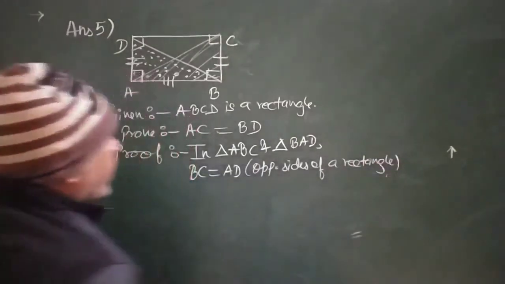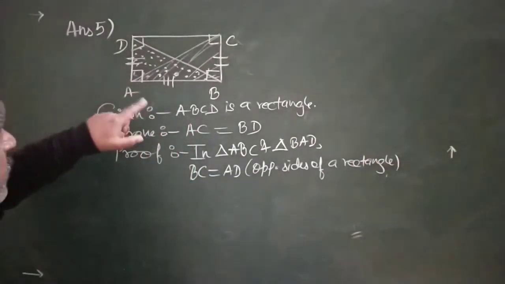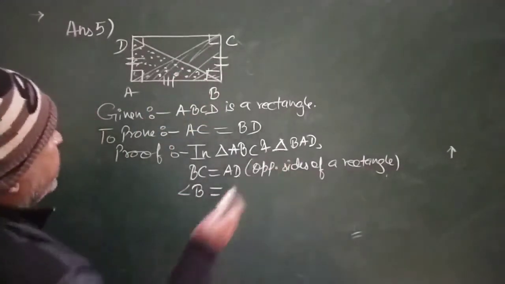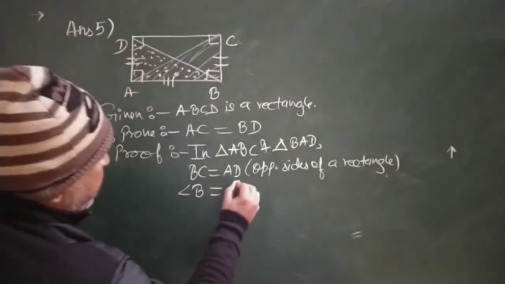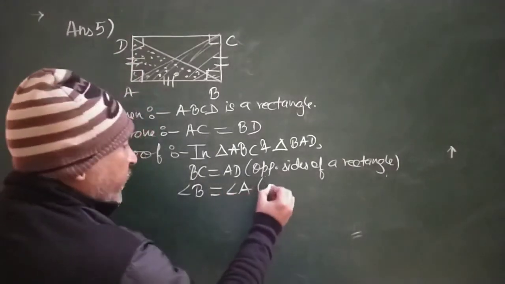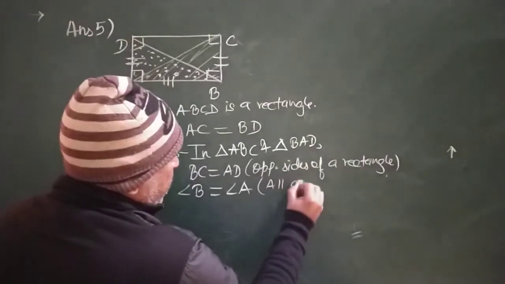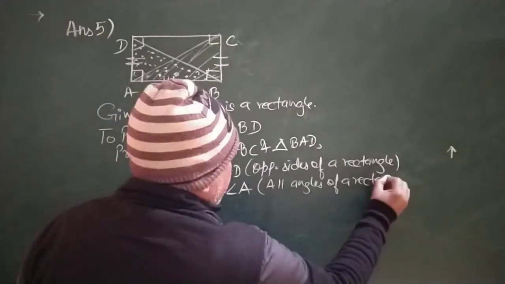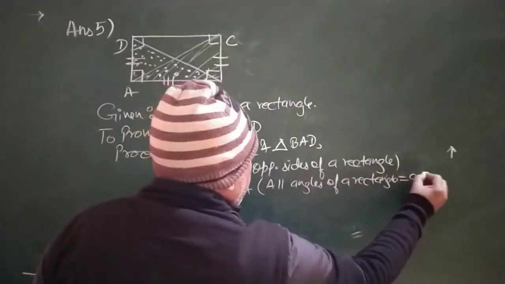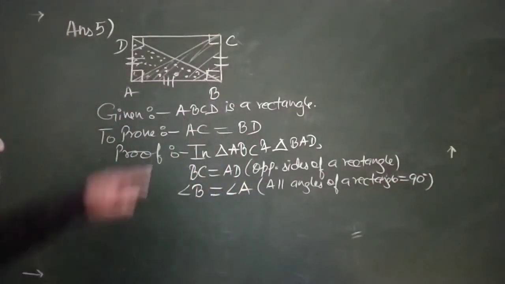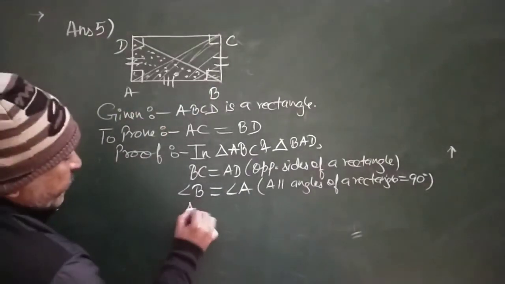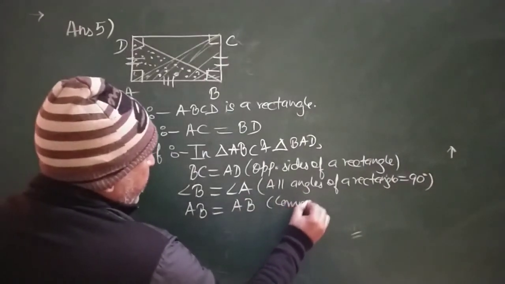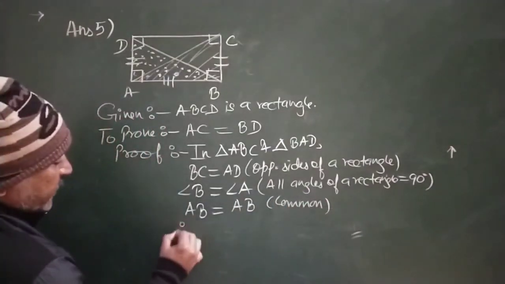Second, in ABC, angle B is coming, and in triangle BAD, angle A is coming. Angle B equals angle A. Why? All angles of a rectangle are equal to 90 degrees. Third, AB equals AB, because this side is common. It is coming in both the triangles.